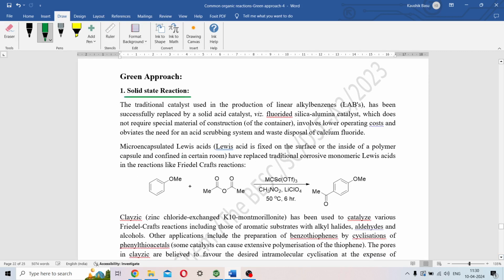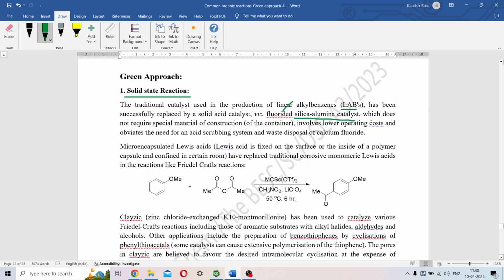One is a solid state reaction. So what is the solid state Friedel-Crafts? Traditional catalyst that is used for linear alkyl benzene, we have talked about this, is HF. It's very bad, but this has been replaced. Now you can use silica alumina catalyst, which has been fluorided, and this does not require any sort of special container or anything like that, because it is not that corrosive.